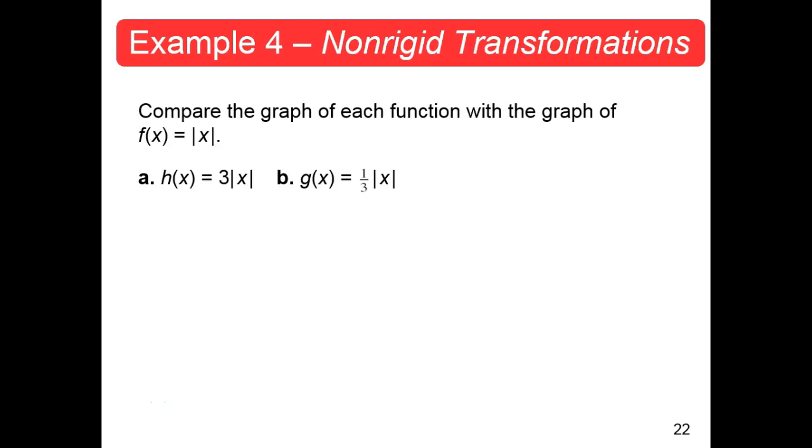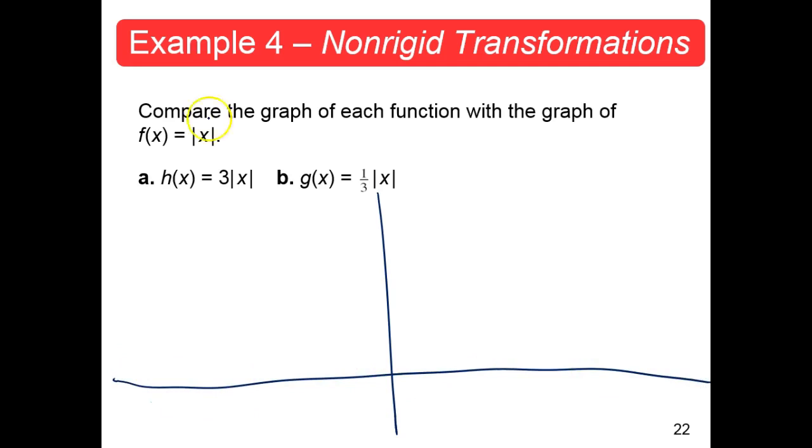Compare the graph of each function with the graph of f of x equal absolute value of x. So I'm going to draw the graph of the parent function, f of x equal absolute value of x. Actually, you're going to draw it.